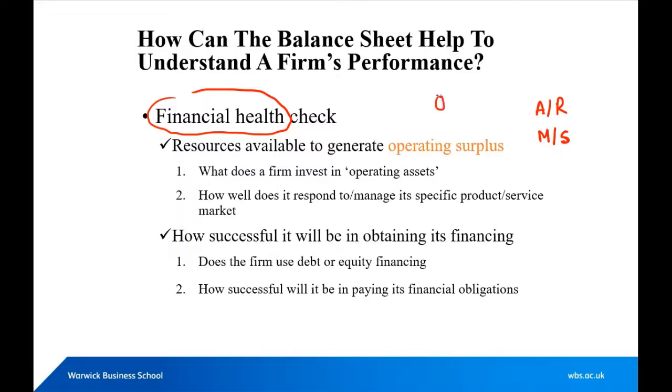If you understand the operating activities and the investment activities very clearly, can you please mention which one is related to operating and which one is related to investment activity? I mean, between accounts receivable and the marketable securities.